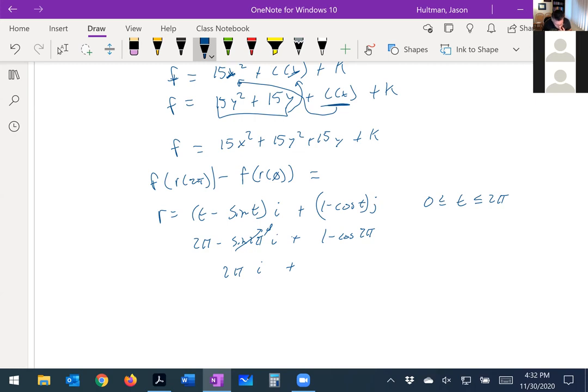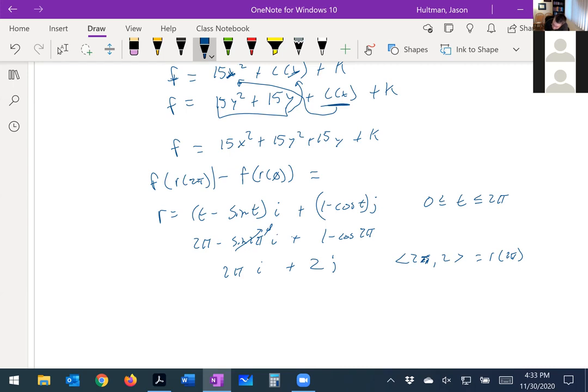Cosine of 2 pi is negative 1. Just put in a 2 here. So plus 2, I think. That's j. So we'll go 2 pi, 2, and that's r of 2 pi.